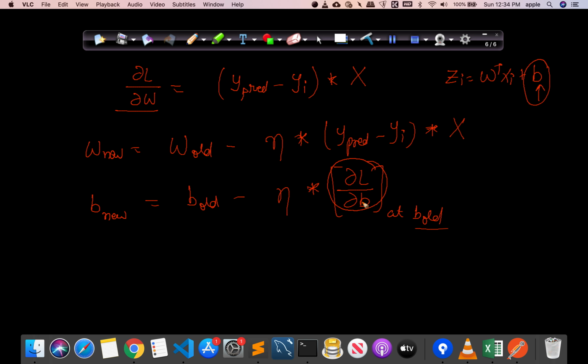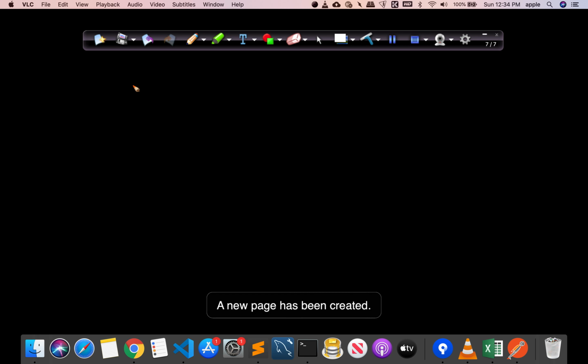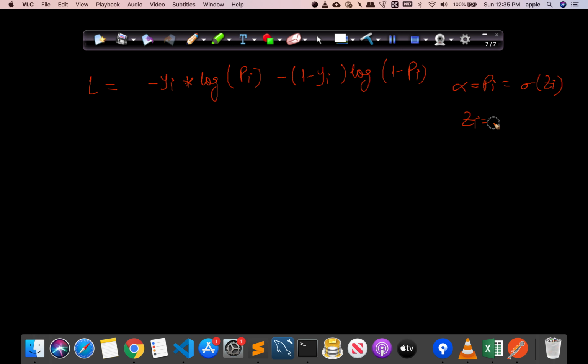So now let us find the gradient of the loss with respect to the bias term. Since our loss term is minus yi into log of pi minus 1 minus yi into log of 1 minus pi, where alpha will be treated as pi, and this will be sigma of zi, and zi will be w transpose x plus the bias term.